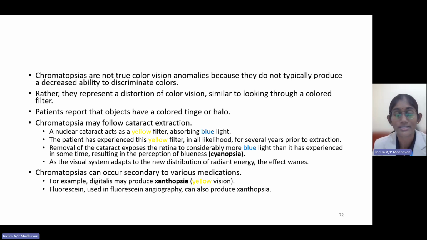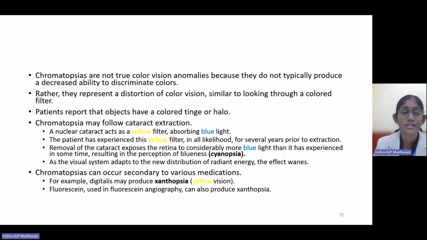Fluorescein used in fluorescein angiography can also provide xanthopsia. So these are the conditions where you experience this chromatopsia, a short term color vision deficiency.